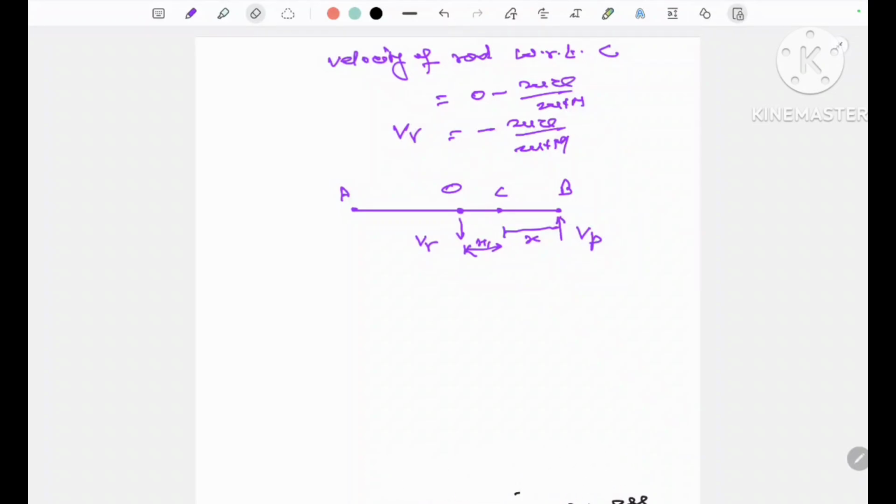Angular momentum about C, with this mass m and capital M: LC is m Vp into x plus M Vr into x1.